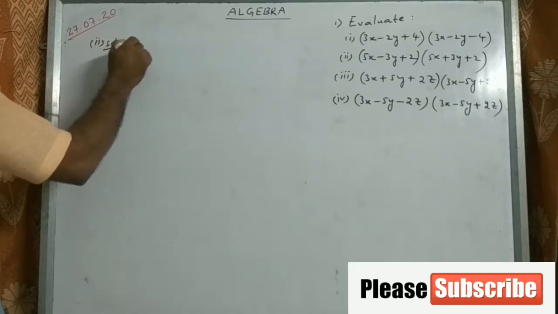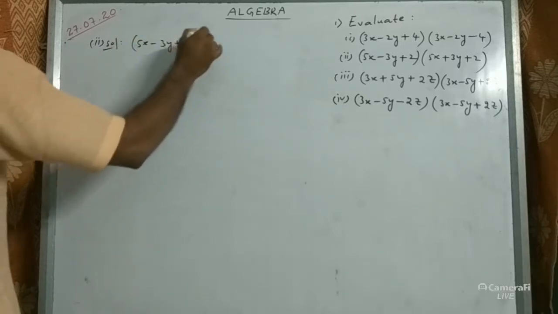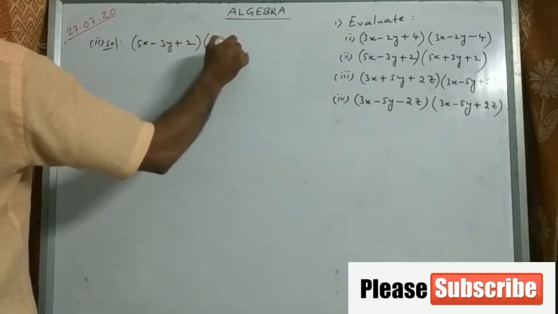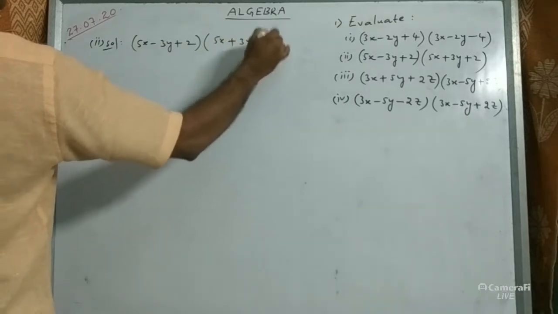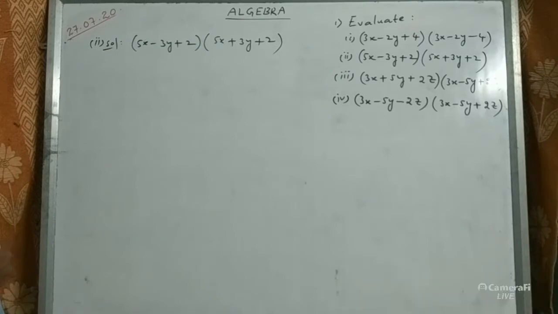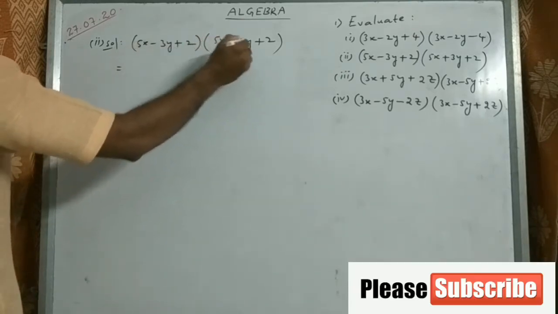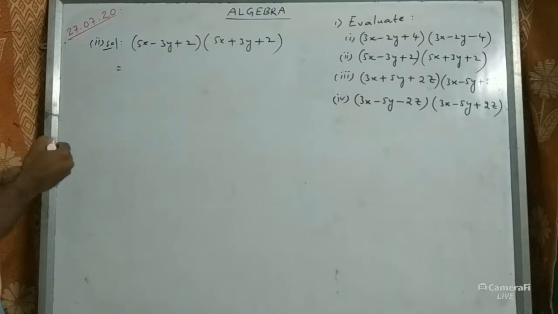Second solution: (5x - 3y + 2)(5x + 3y + 2). Is this in the form of that? Observe. 5x - 3y, but here 5x + 3y is there. Okay?